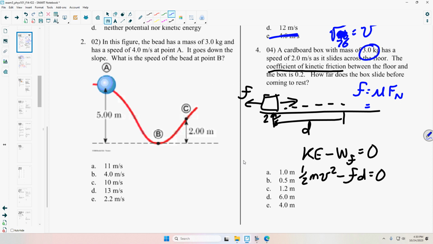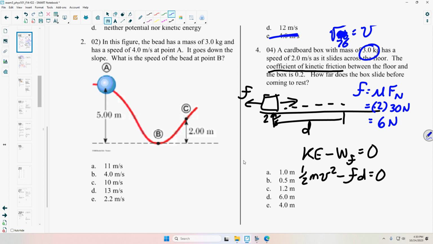It has a mass of 3 kilograms, so the normal force is equal to the weight, which is 3 times g, which is 30 newtons. So it's going to be 0.2 times 30 newtons. That's 6 newtons. That is the frictional force. I've seen students in my office who just use mu as the frictional force, but realize 0.2 is not your frictional force. That's your coefficient of kinetic friction.